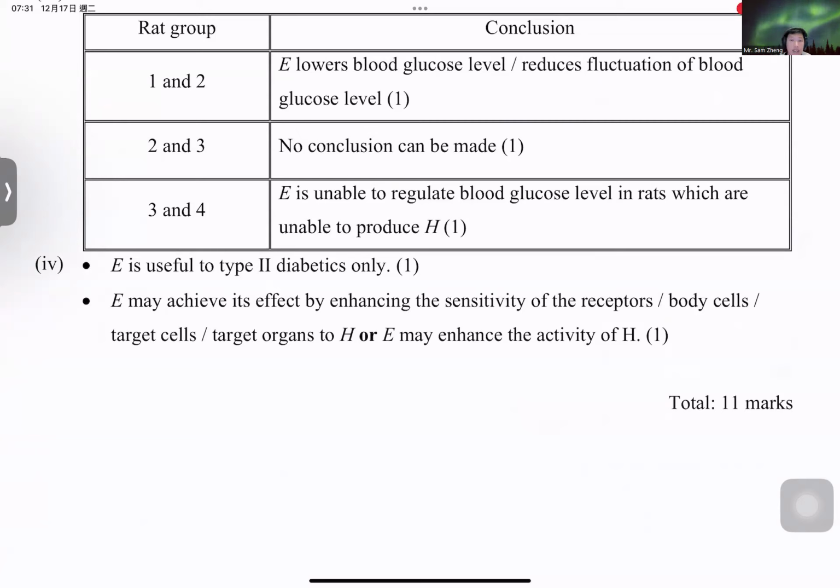This is because it might be increasing or enhancing the sensitivity of the receptors, body cells, target organs, etc., to our insulin. So therefore, E can be useful for type 2 diabetes.